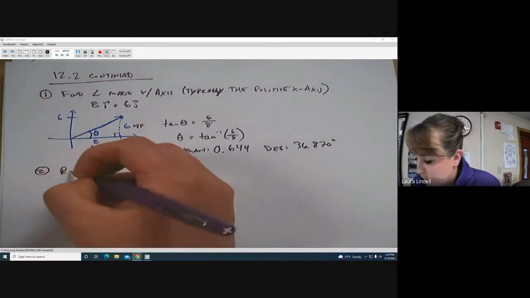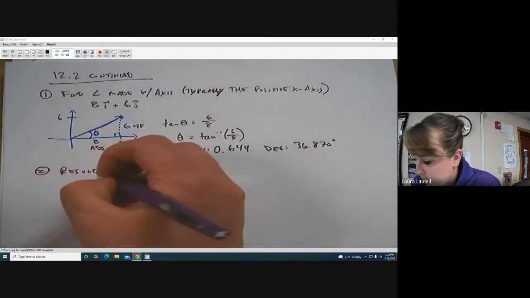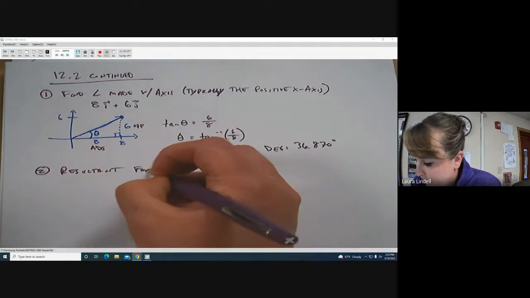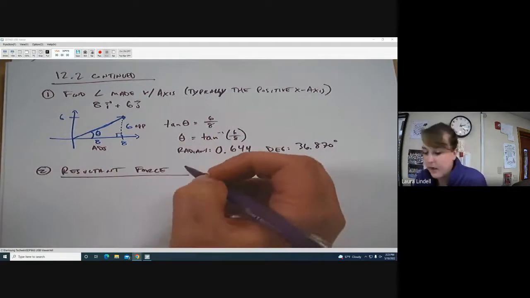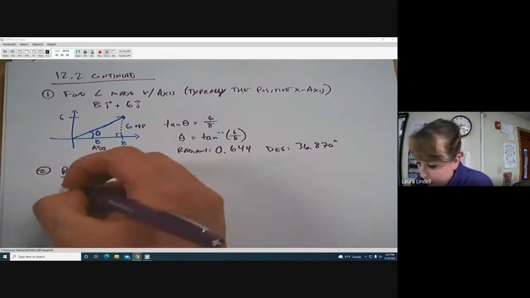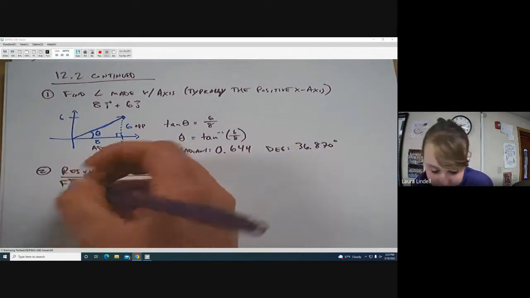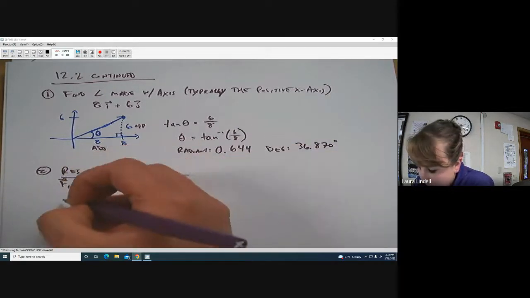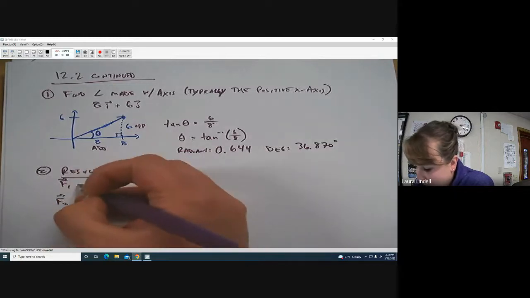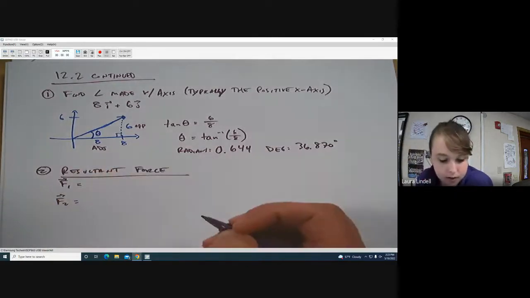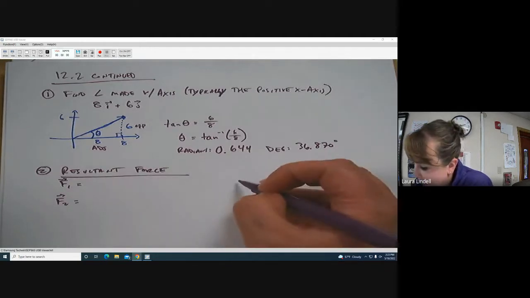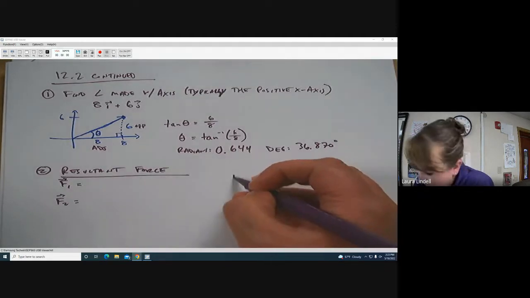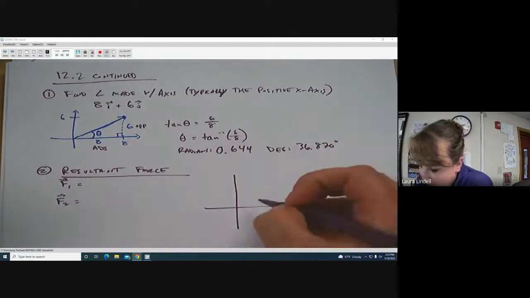So here we go, resultant force. Let's say we have two forces here. We'll call them F1 for our first force vector and F2 for our second force vector. We're going to draw these out.